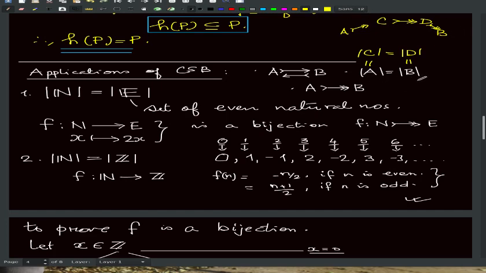So you see, somehow you have these three things already established. So there are three ways: either use CSB, or somehow come up with this bijection, or use previous information to do this. Okay, so these are the three techniques.